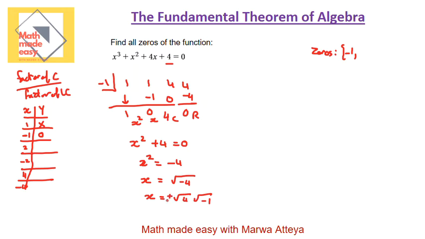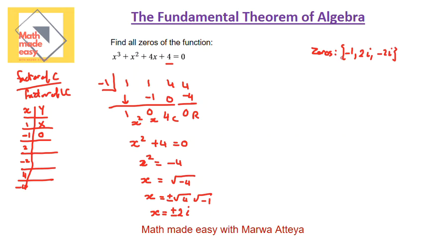And of course, positive and negative are both solutions. Square root of 4 is 2, right? And square root of -1 is i. So the zeros that I found for this equation are -1, 2i, and -2i.